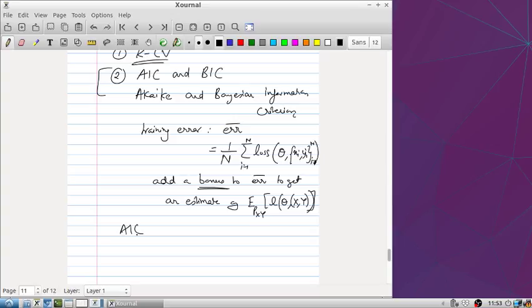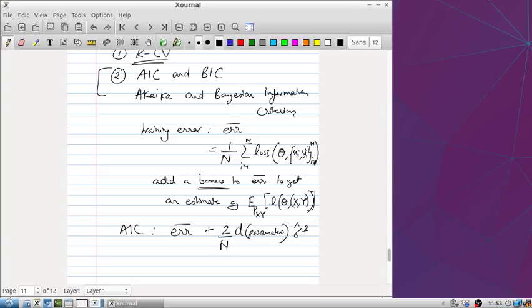So AIC says, just do ERR bar plus, this is quite arbitrary, 2 by n times some function of parameters times sigma hat square.